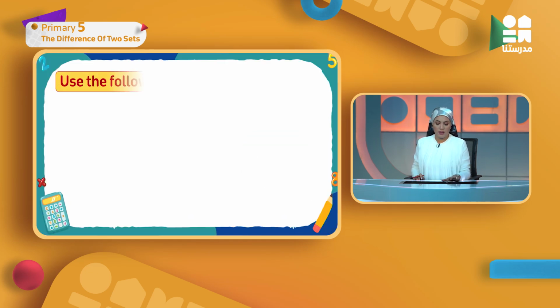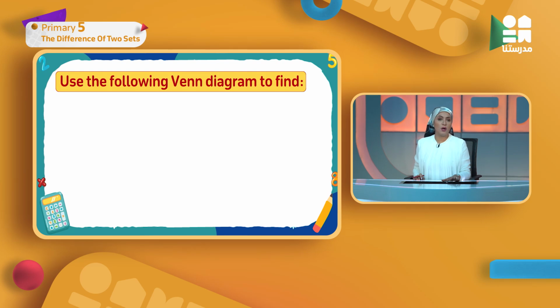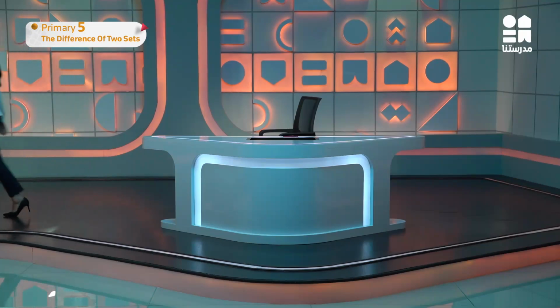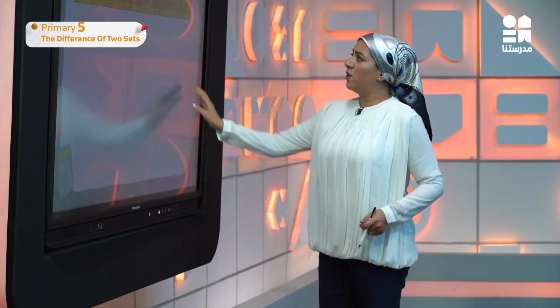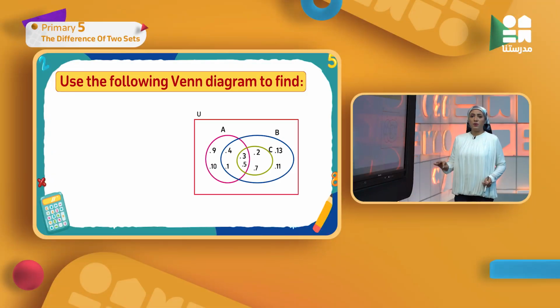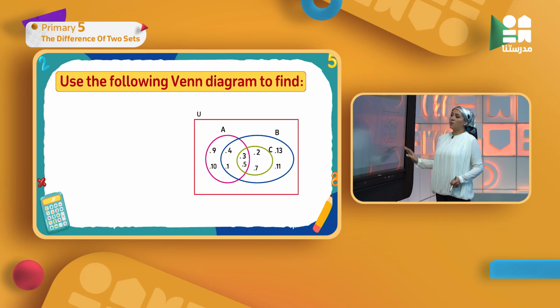Okay. Now, we'll move to another example. We use the following Venn diagram to find the following. Now, let's move to the board to answer this example. Okay, let's check this example. We have a Venn diagram of 3 sets and we need to find the answer for some questions.